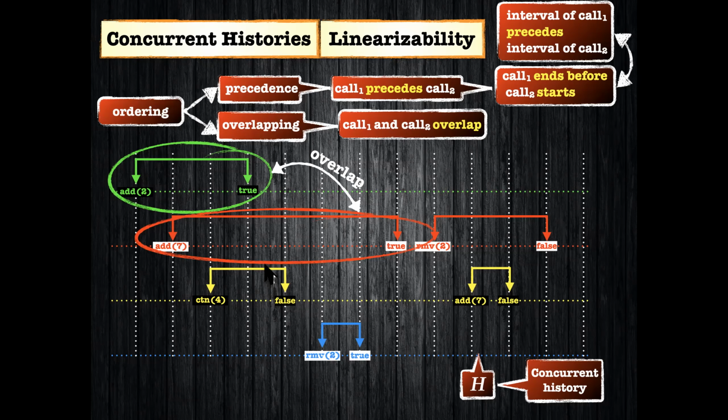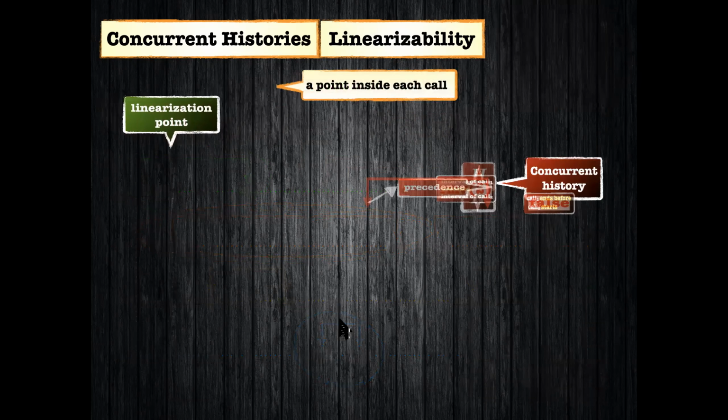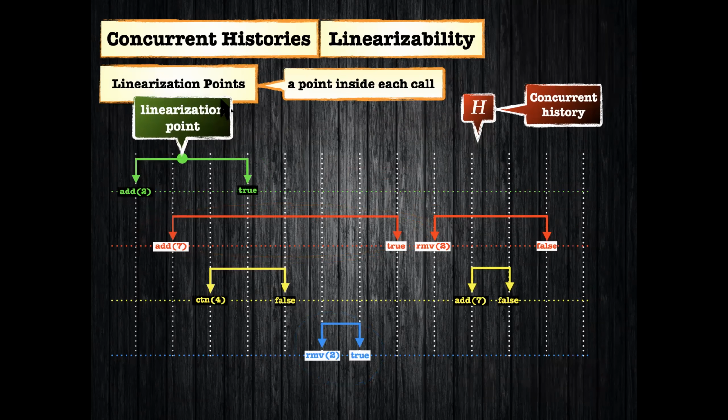And the intuition again is that overlapping calls are not ordered, while ordered calls are ordered. So this is, if you wish, the informal explanation of how we interpret concurrent histories. These two method calls overlap also. Now we defined the notion of linearizability by defining linearization points, exactly to capture what I've just told you, namely precedence and overlapping.